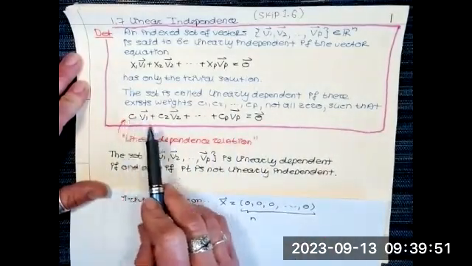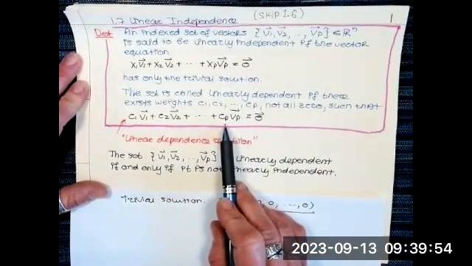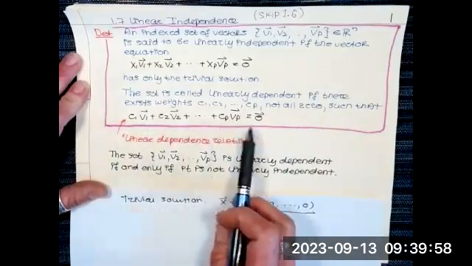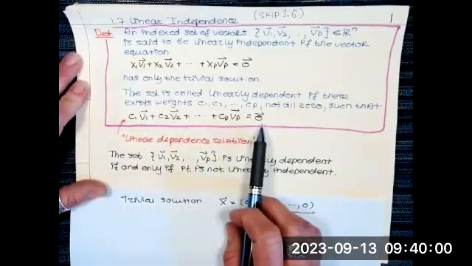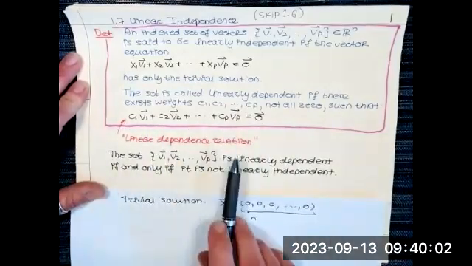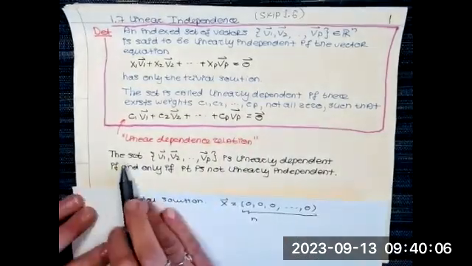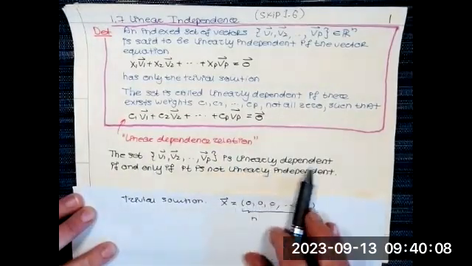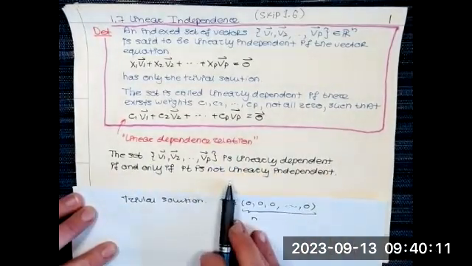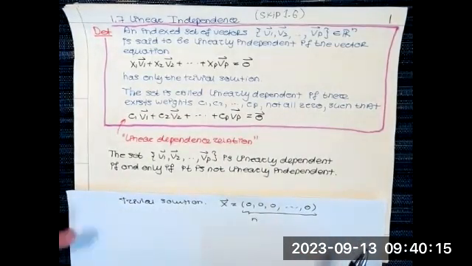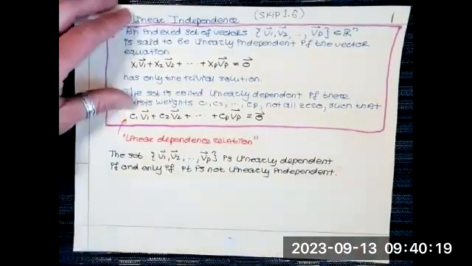So if I can find values for those constants that are not all 0, some of them are not 0, and this adds up to a zero vector, this is called our linear dependence relation. Another way to look at it: our set of vectors is linearly dependent if and only if it is not linearly independent. So it's one or the other. It's either linearly dependent or linearly independent. Does that make sense?